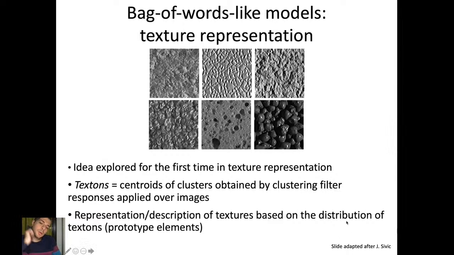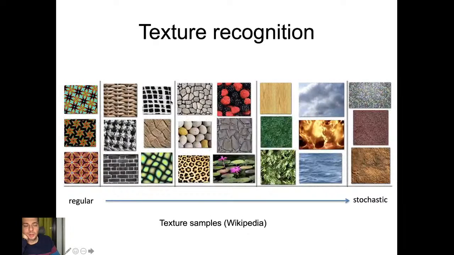So the idea was to extract patches and then cluster them, and each cluster centroid is interpreted as a texton, so the building block of texture, and then the representation is given based on the distributions of textons in the image. So these are prototypical elements in the image.